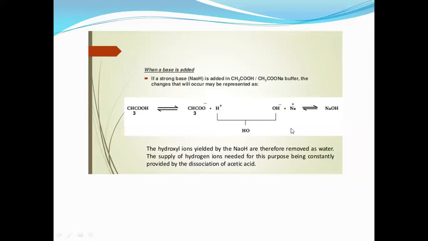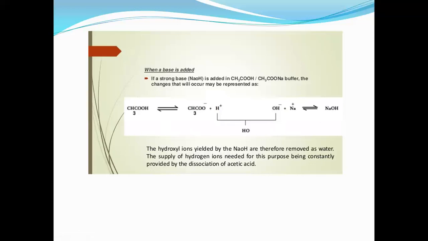So by the addition of NaOH, a strong base, there is no net effect on the pH of the solution. The hydroxyl ions yielded by NaOH are therefore removed as water. और आपको पता है, and you know, water is already present in the solution.